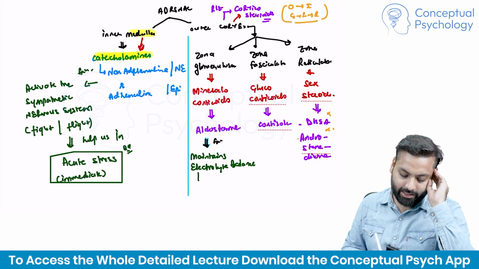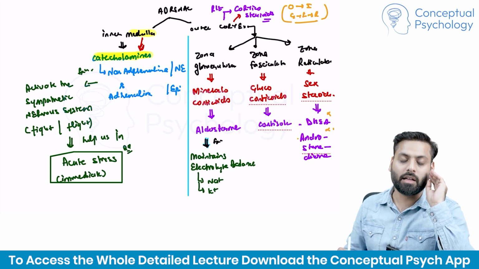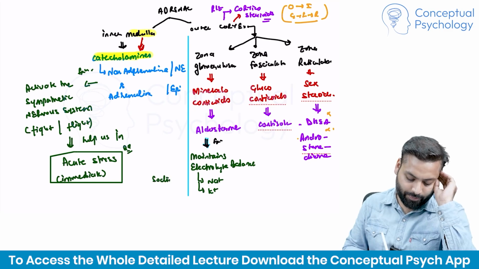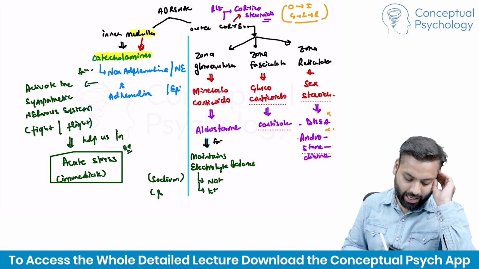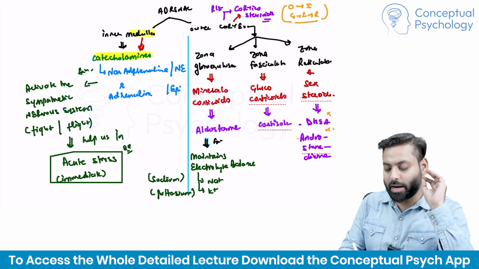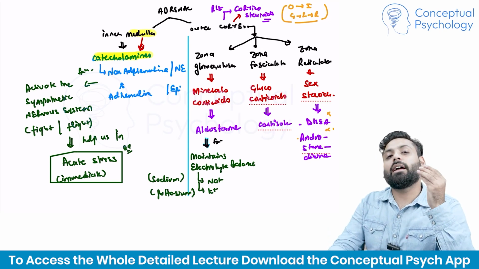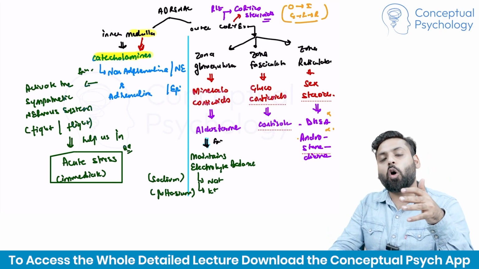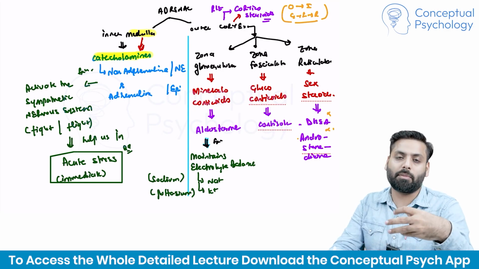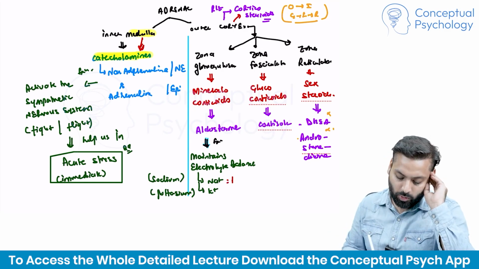The two main electrolytes are sodium and potassium. Tell me, what is the effect of aldosterone on sodium and potassium? It causes sodium reabsorption and potassium excretion.